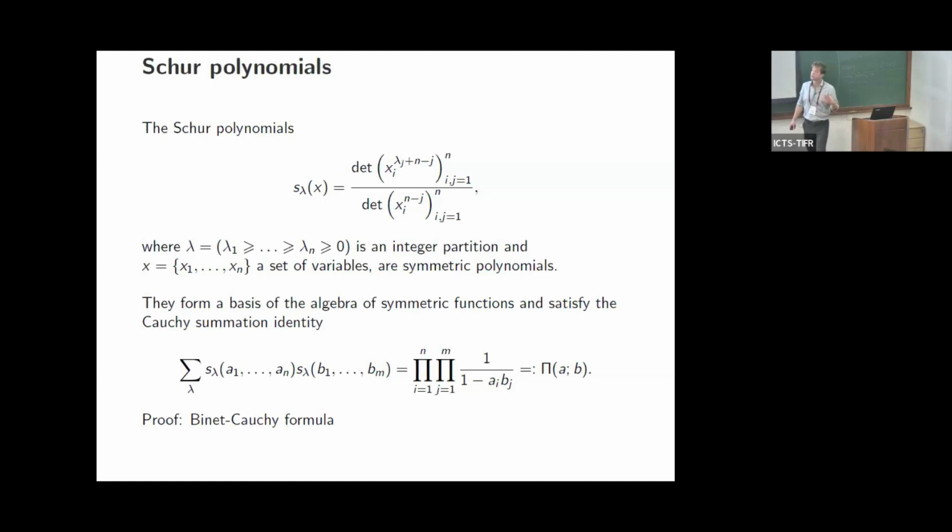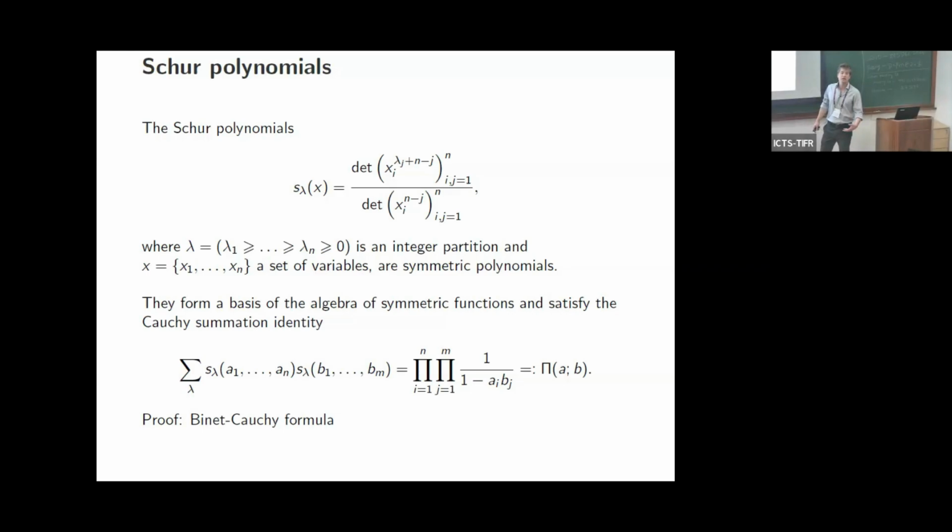So the Schur functions can be seen as polynomials. So I have variables x1 to xn. And the Schur functions are generally denoted s_lambda of x. Lambda is an integer partition, so it's a non-increasing sequence of non-negative integers, lambda 1 greater than or equal to lambda 2, etc., up to, say, lambda n.